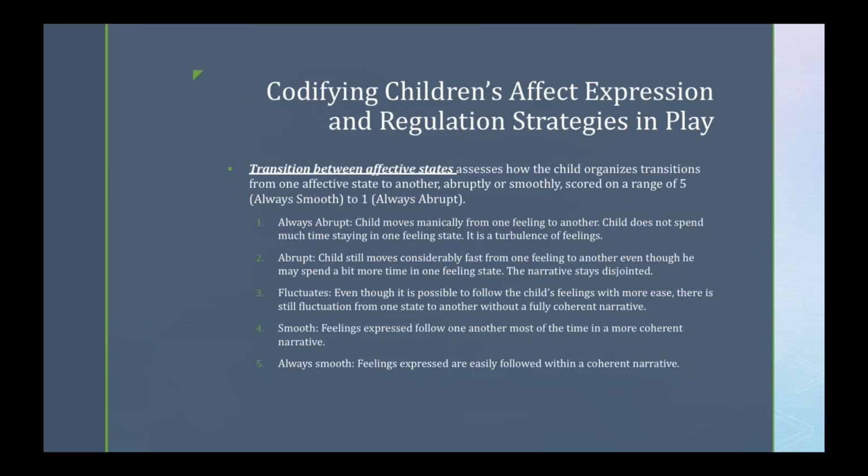A 4 is when there are smooth transitions. Feelings expressed follow one another most of the time in a more coherent narrative. And a 5 is when there are very smooth transitions. Feelings expressed are quite easily followed within a coherent narrative. In the case of the child in the example, his transitions between feelings are quite abrupt.